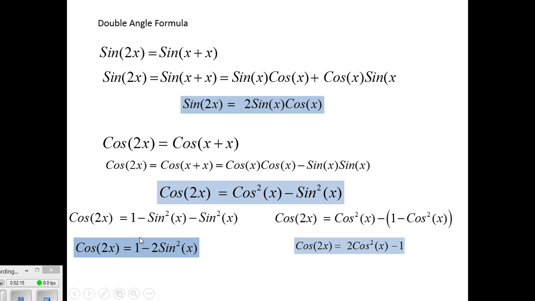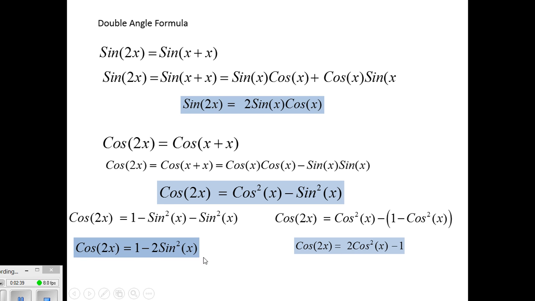So we have now 2 new identities, but then the double angle cosine actually goes by three different names, and it's worth knowing all 3 of them. Of course, if you remember the cosine squared minus the sine squared, these other 2 will naturally come about.